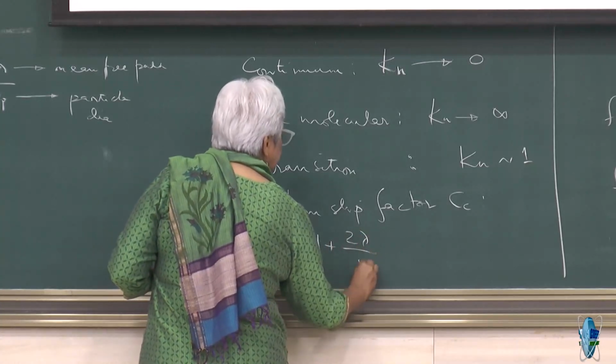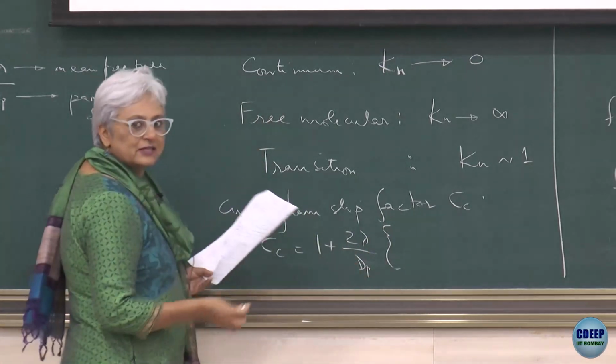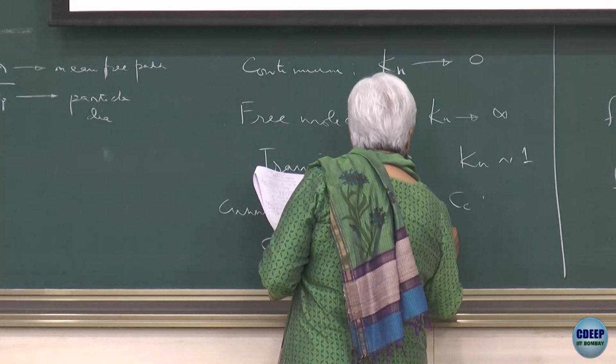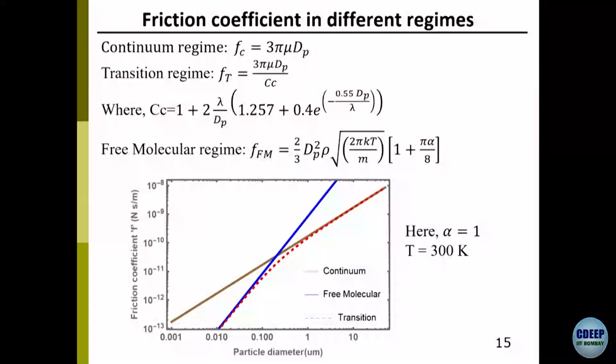what is it, 2 lambda by dp? Yes, you have a Knudsen number here, and then you start having some empirical coefficients here into both the continuum regime and the free molecular regime over a period of particle sizes.